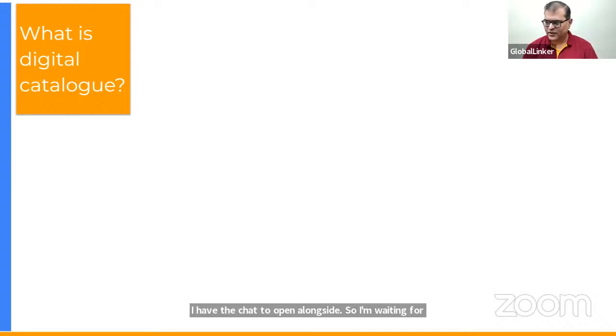Shrikant: a catalog available on the website, a photocopy, PDF, soft copy. Other members, I can only see responses from two participants.